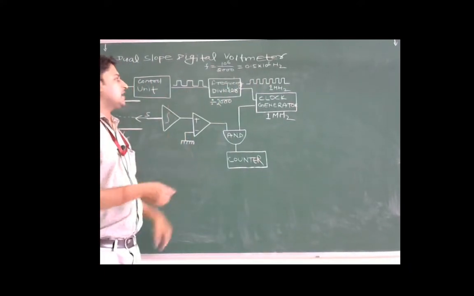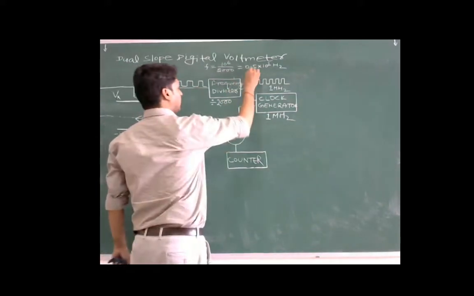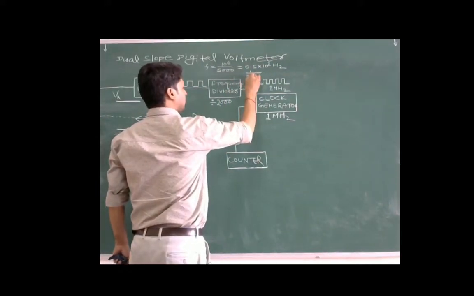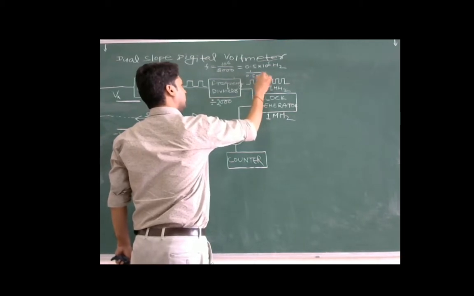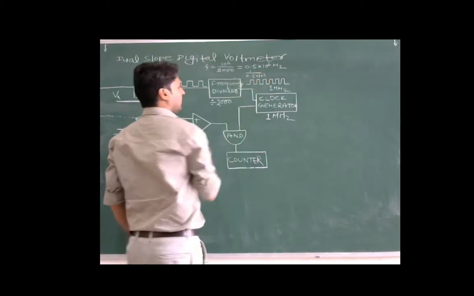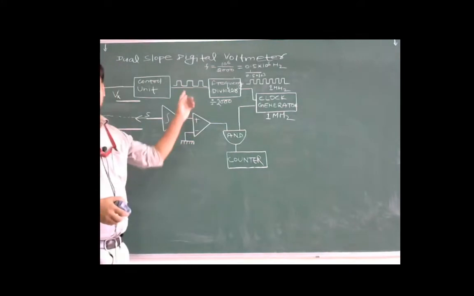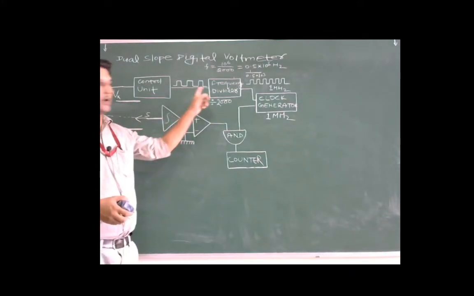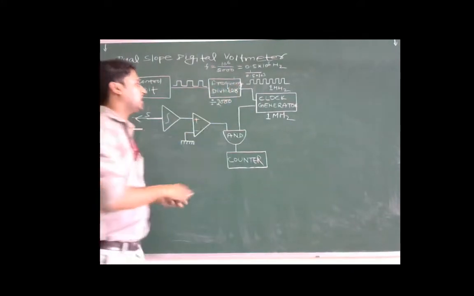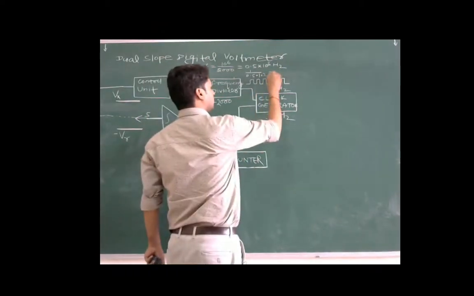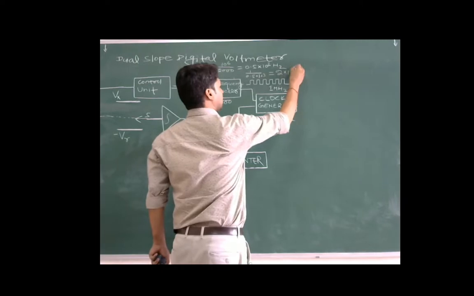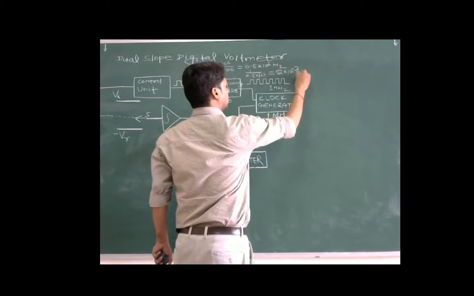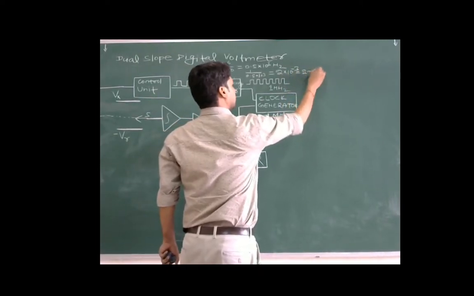The time period will be 1 by 0.5 into 10 power 3, which is equal to 2 into 10 power minus 3 second, or equal to 2 millisecond.